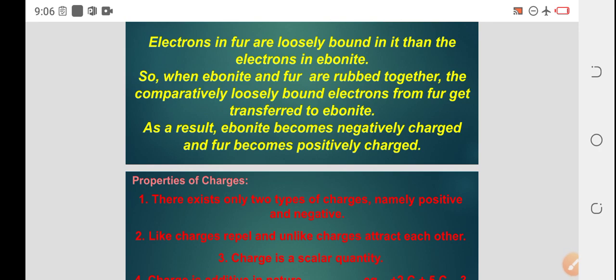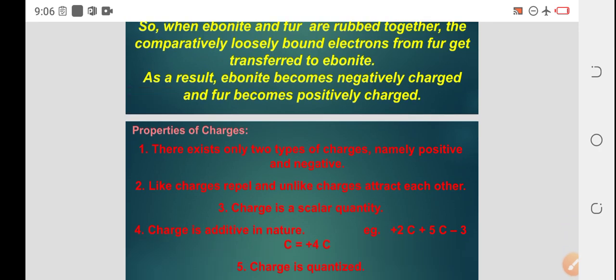As a result, ebonite becomes a negatively charged body and fur becomes a positively charged body. Fur is positively charged. Ebonite is negatively charged.